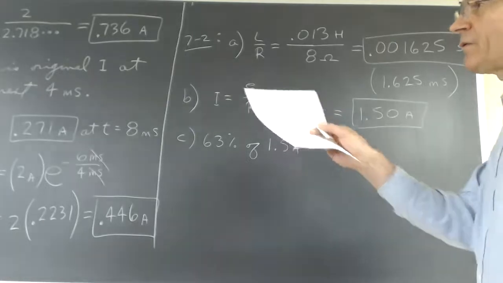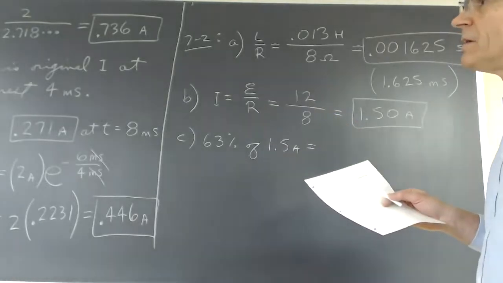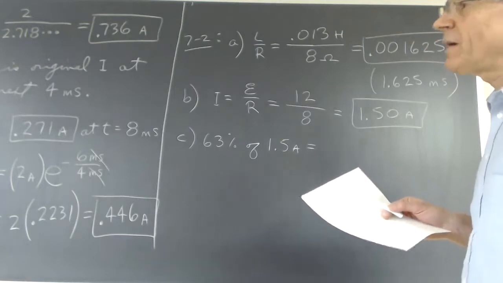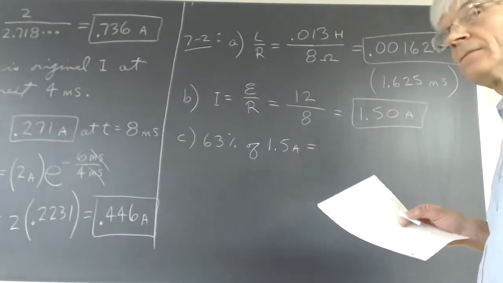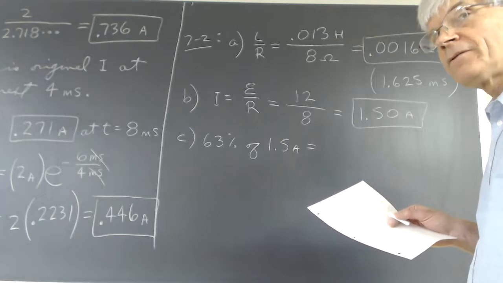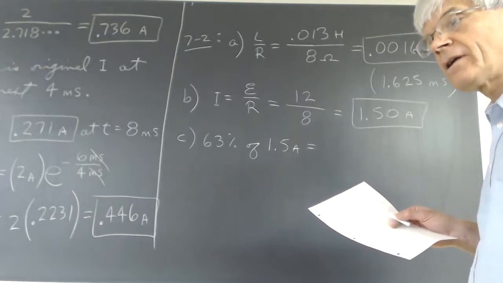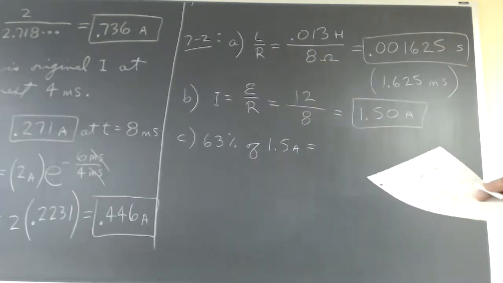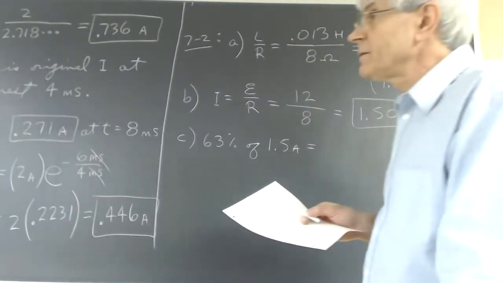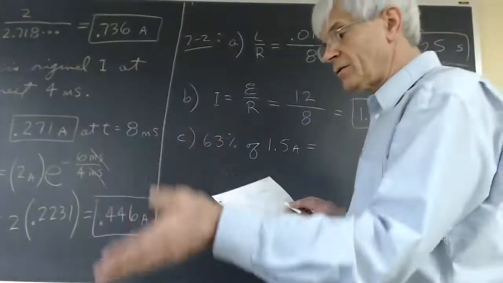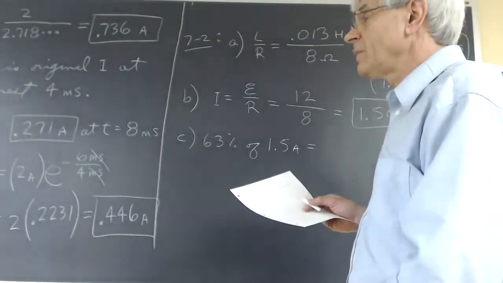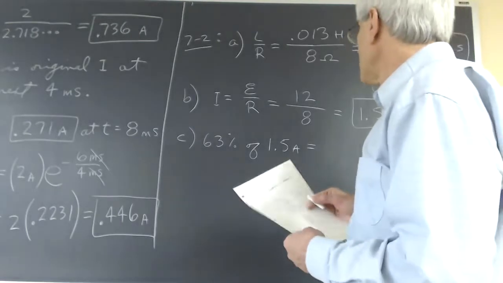In number 1, it was a circuit being turned off. So V over R, that was the current that you started with, and it goes down from there when you turn the thing off.